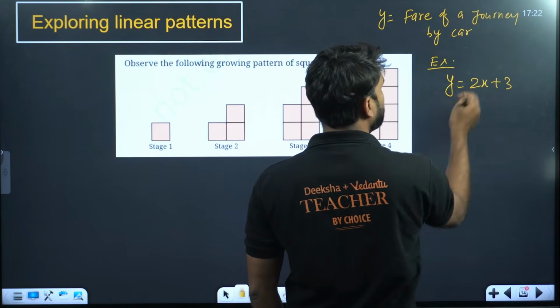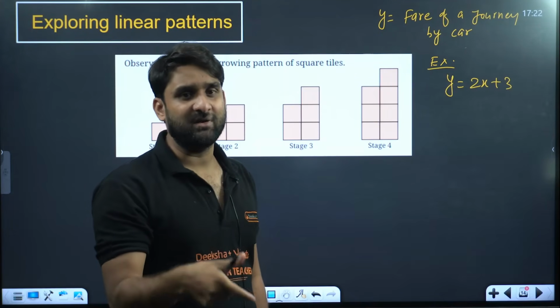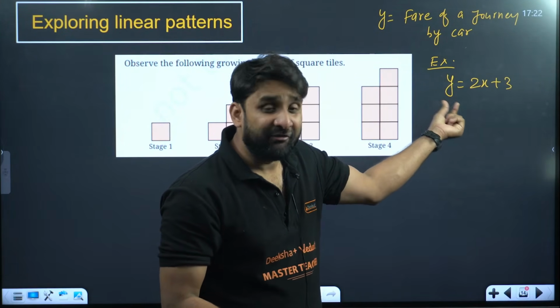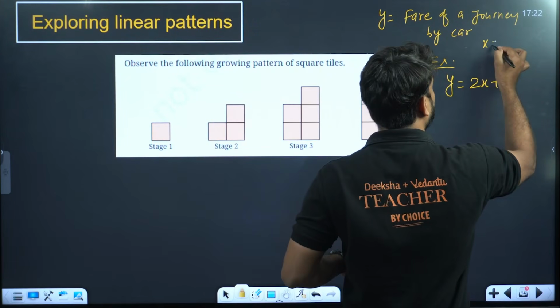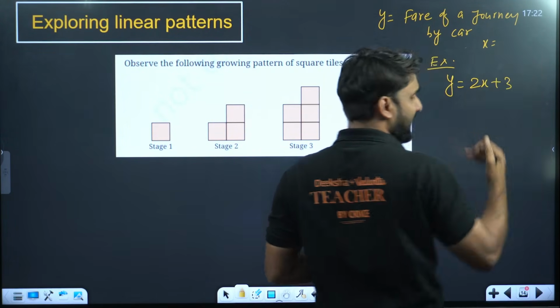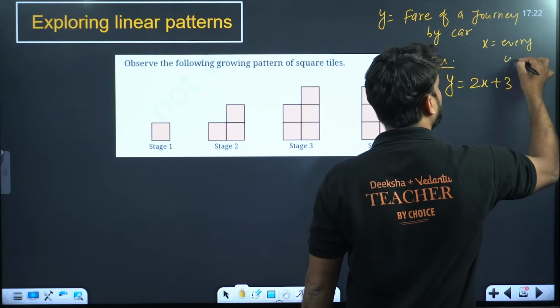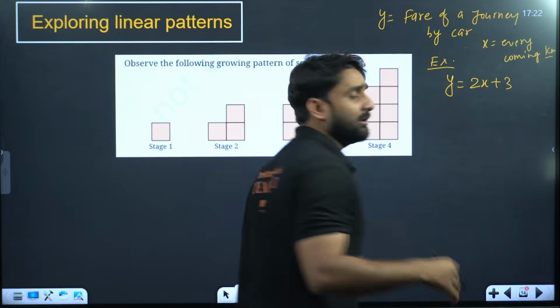So y is basically the total fare, and I'm doing a journey, I'm traveling by a car, so y is basically reflecting the total fare by a car, and x is basically equal to every coming kilometer, per kilometer.